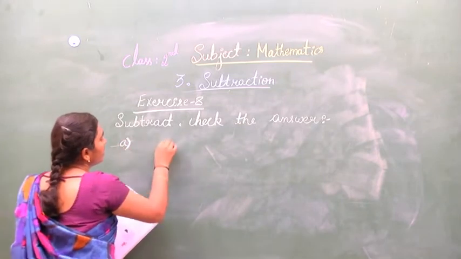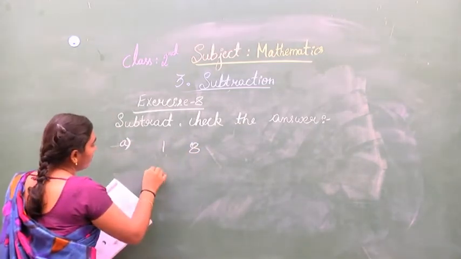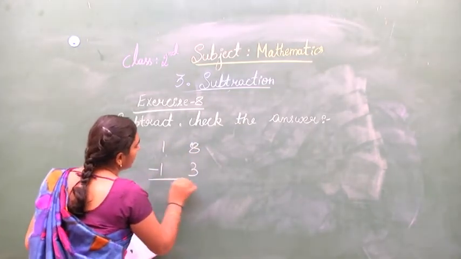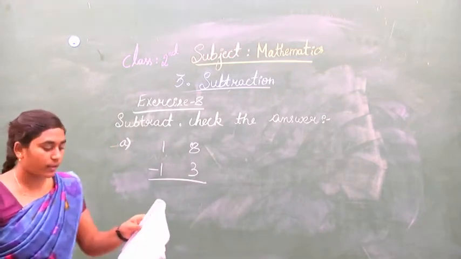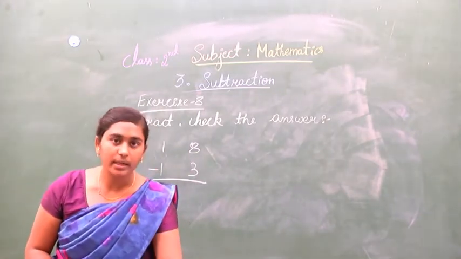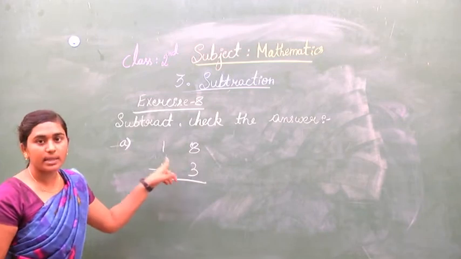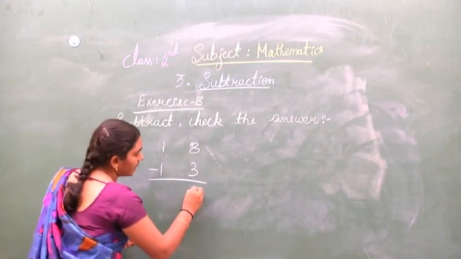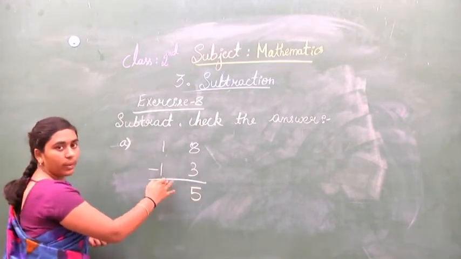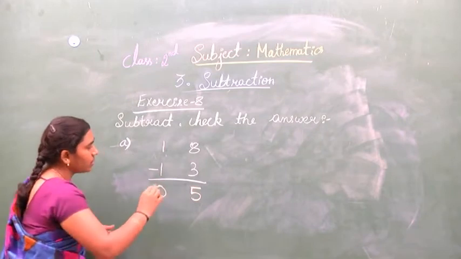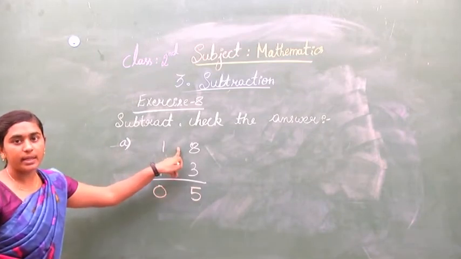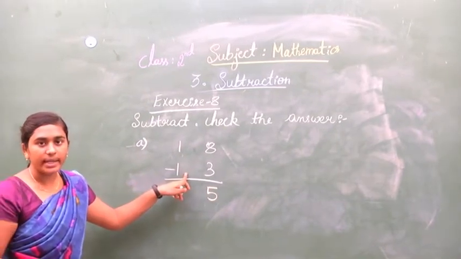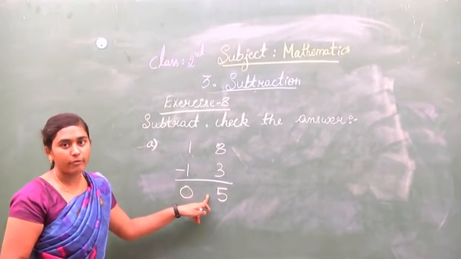First one, 18 minus 13. Tell me what is the answer for 18 minus 13. 8 minus 3 is 5. 1 minus 1 is 0. The greater number is 18, the smaller number is 13, and the answer is 5.